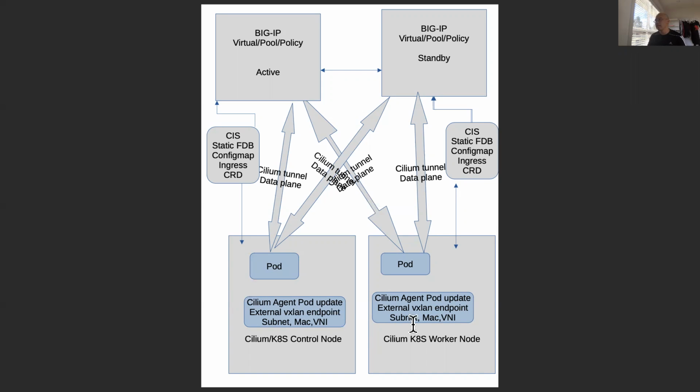In this way, the Cilium agent pod automatically has the tunnel information for the BIG-IP, so we don't get traffic interruption, once the Cilium agent starts up. So I can do a demo for the improvement.